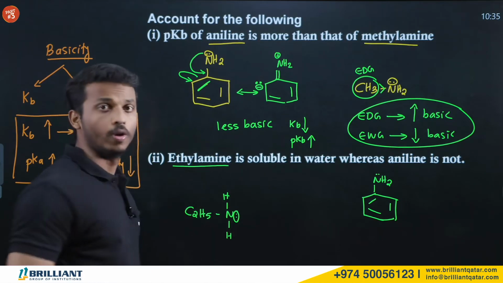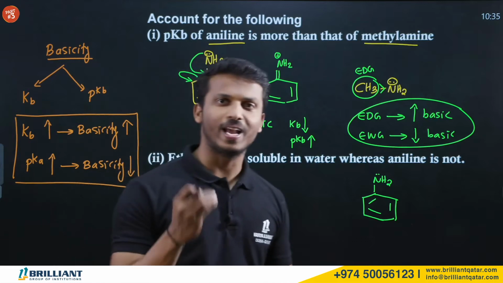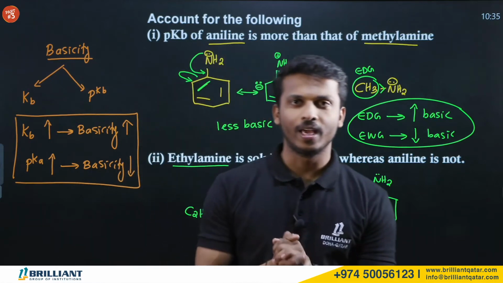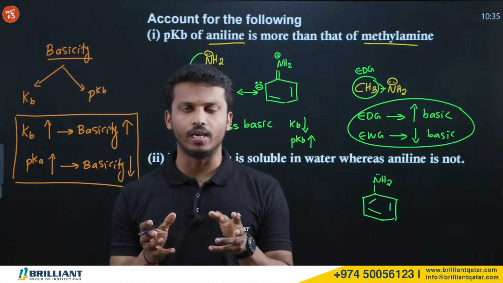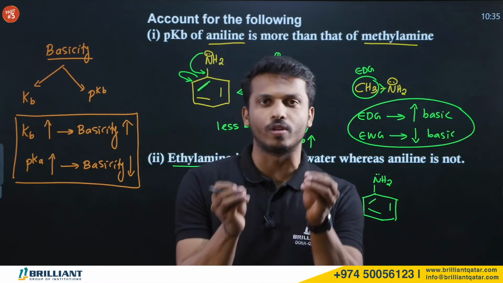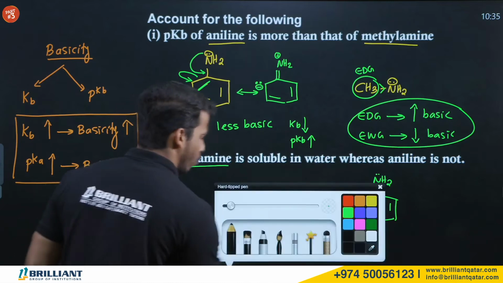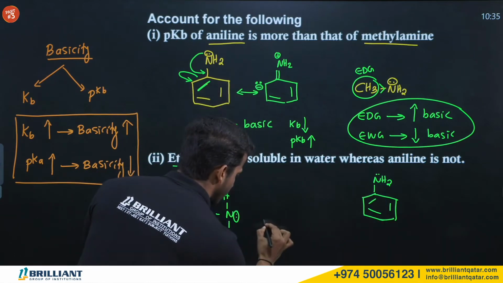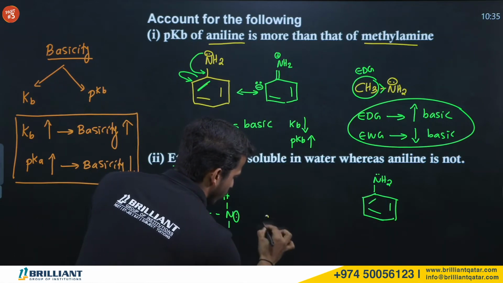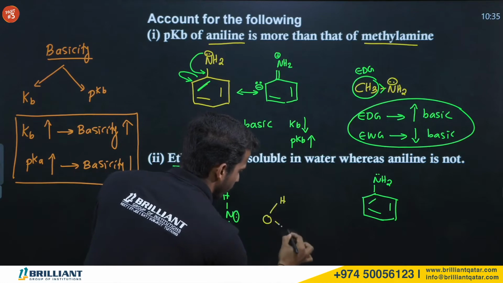Ethylamine is more soluble in water. We can say a compound is soluble in water if the compound has the ability to make a hydrogen bond with water. Let me take a water molecule. You know, a water molecule is H2O, right?